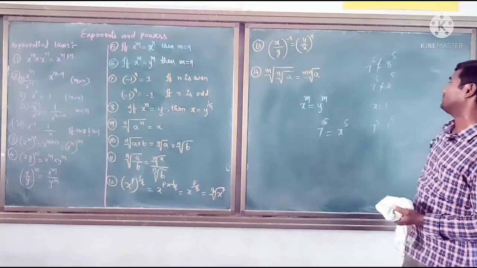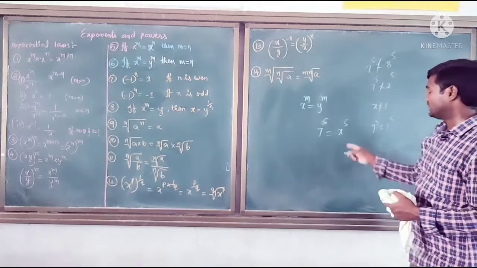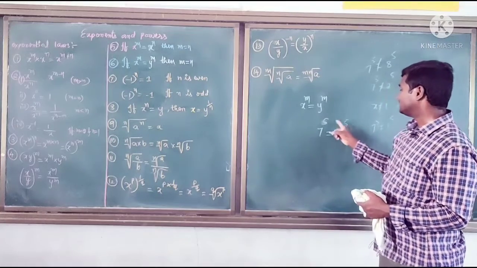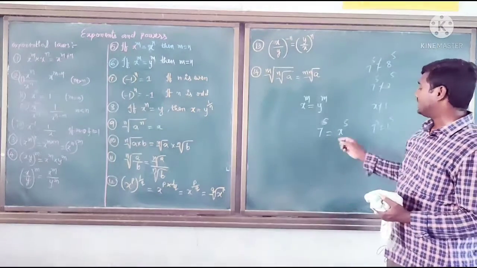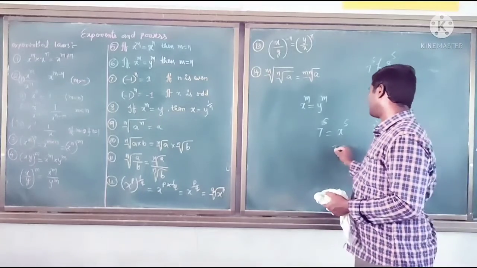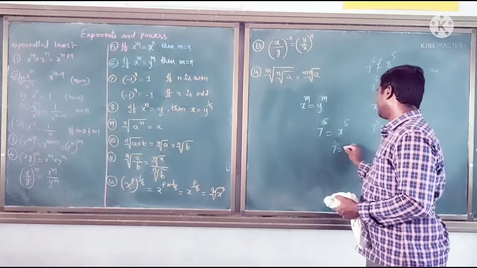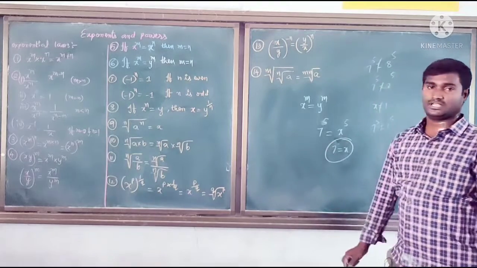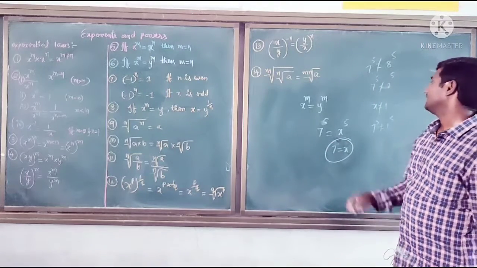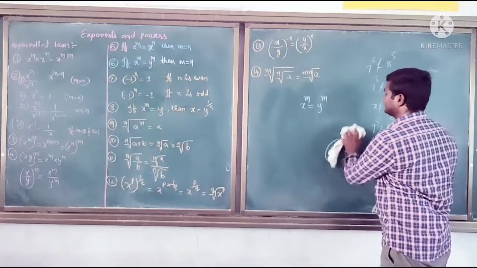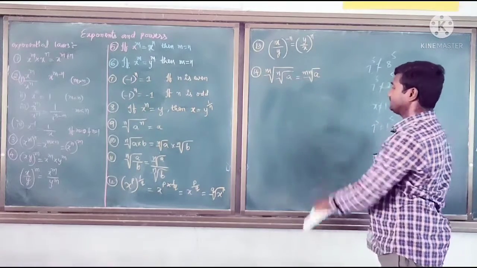No, not equal. So at what value of x do these two numbers become equal? At 7 only. 7 power 5 equal to x power 5 means x is equal to how much? 7 only. Okay, so let us see one example for this sum.